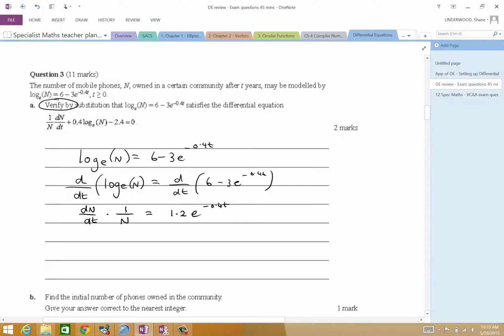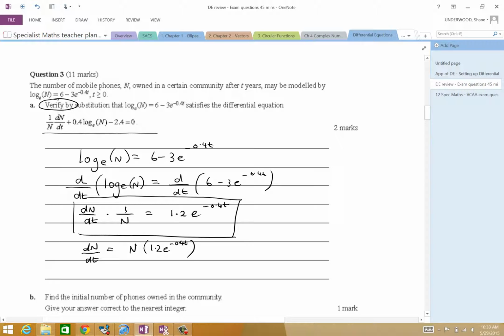Yep. Now what we've got to do is, be careful because I've got an expression which involves that. But now we need to verify this. So what we're going to say is that dn/dt, which I've shown, not because I've done it in my calculator, is equal to n times 1.2 e to the negative 0.4t. Are you okay with that?